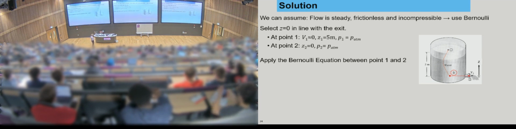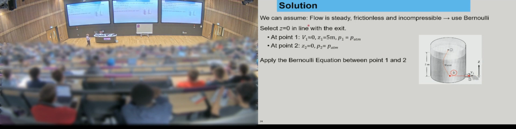So at point 1, which is at the surface, the velocity is basically 0. The height, z1, is equal to 5 meters, and the pressure is atmospheric. But then as the water comes out of this tap, it just falls out. Well, z2 is equal to 0, and the pressure is also atmospheric.